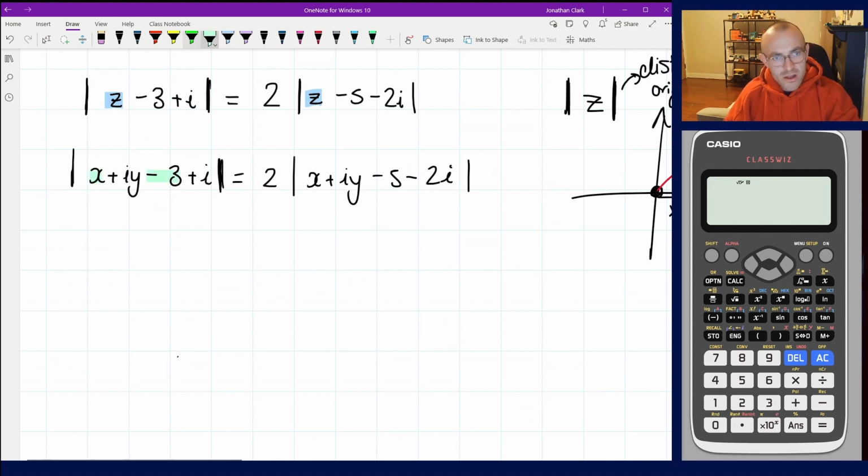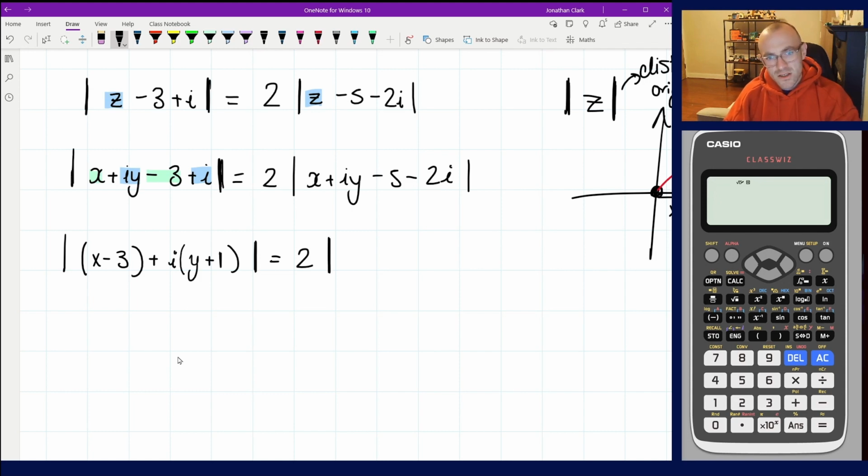It looks something like this: x minus 3 plus i brackets y plus 1. Let's do the same thing on this side. It's going to be x take away 5 and an i brackets y minus 2.